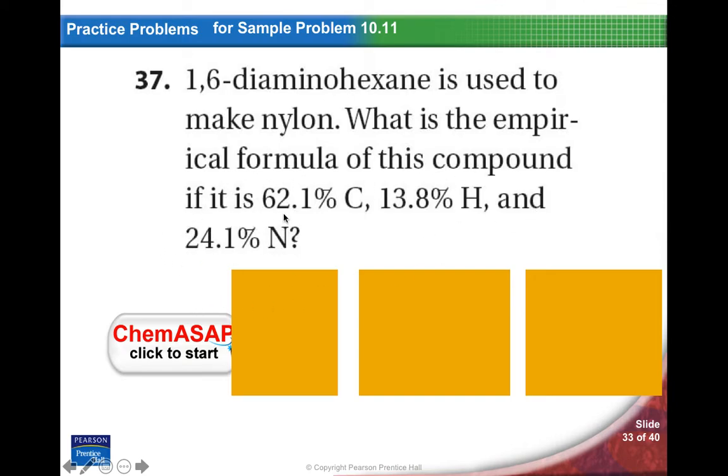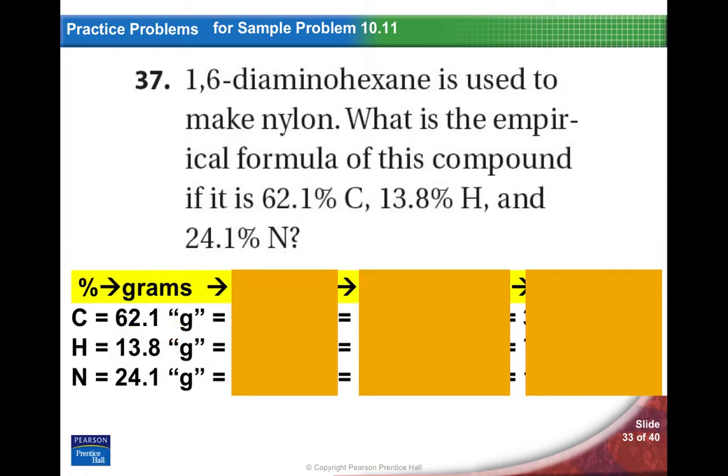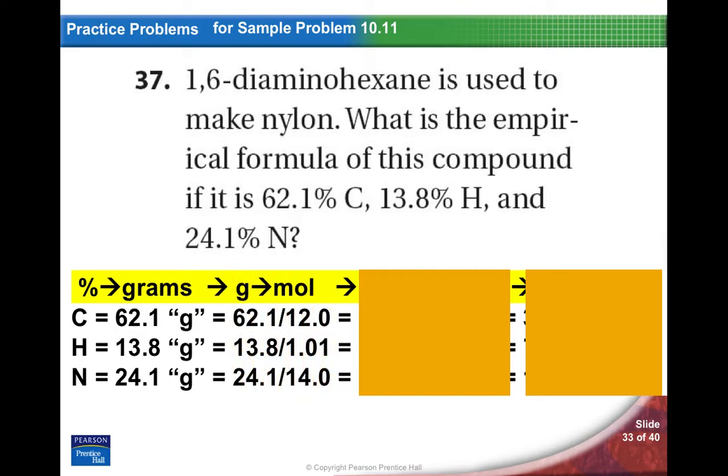So the first thing: 62.1% carbon, 13.8% hydrogen, 24.1% nitrogen. Pretend all those percents are grams, right? So this would add up to a 100-gram sample. Once you change your percent sign to a g, the next step is, of course, to get grams into moles. So to do that, we divide by the molar mass of carbon, which is multiplying by 1 mole over 12.0 grams.